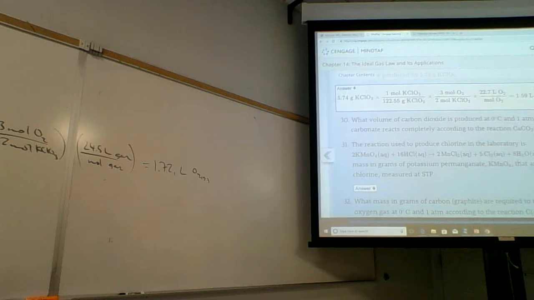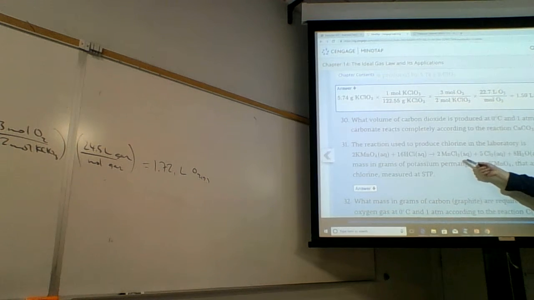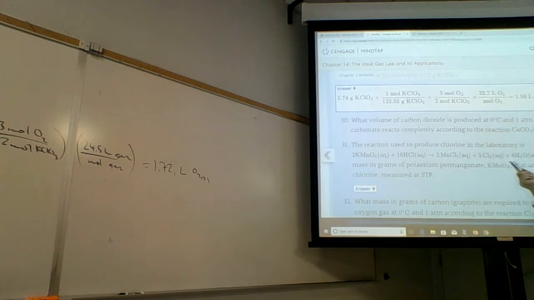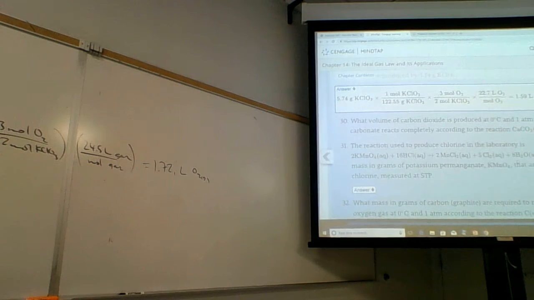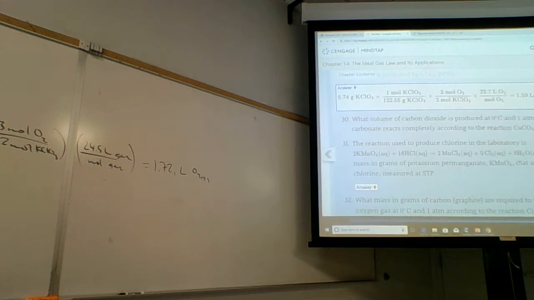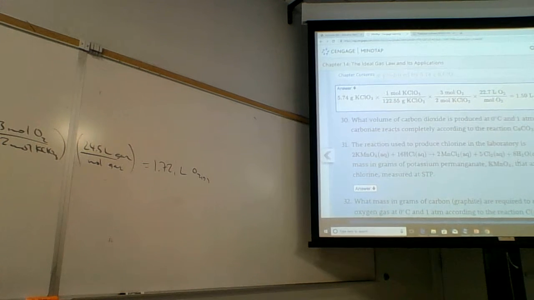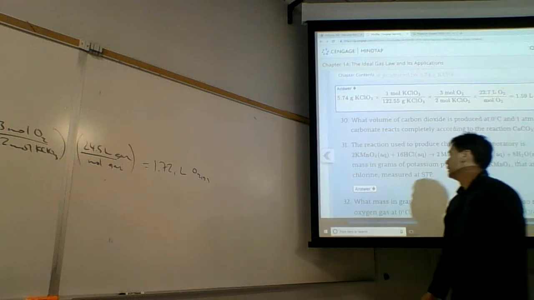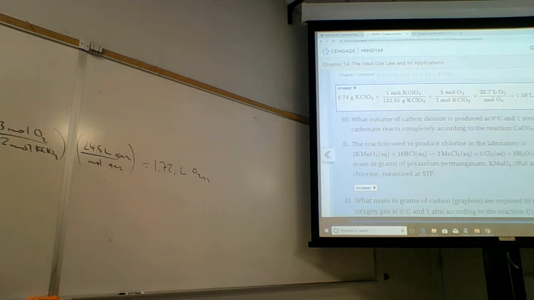The reaction used to produce chlorine in the laboratory is potassium permanganate with HCl. Calculate the mass in grams of potassium permanganate that are needed to produce 9.81 liters of chlorine measured at STP. Your book loves STP. Most of the homework problems are STP based. Here we would go from volume to moles.